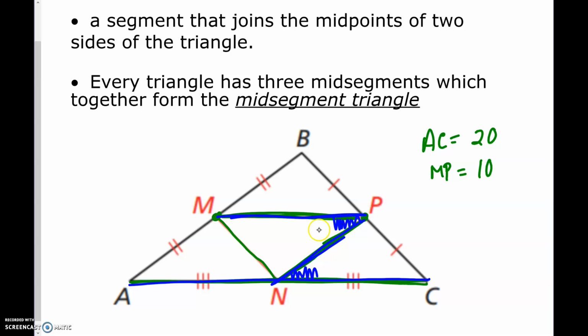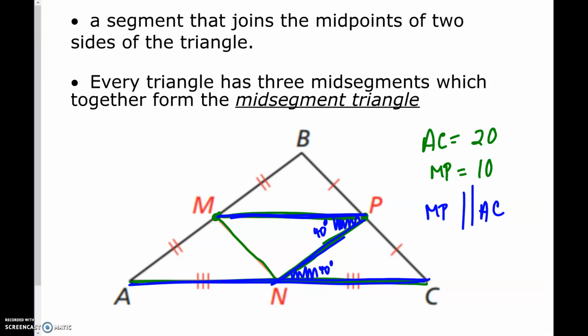Let's just say they both came out to be 40 degrees. Then that would make MP parallel to AC by the converse of alternate interior angles. So not only is this segment half of the whole side, they are also parallel to each other.